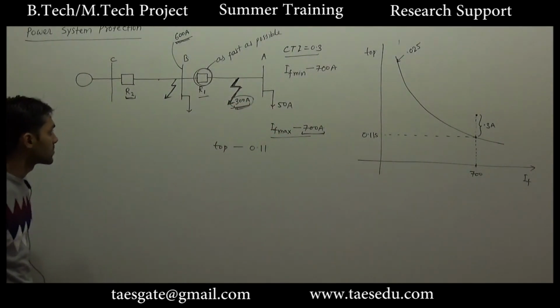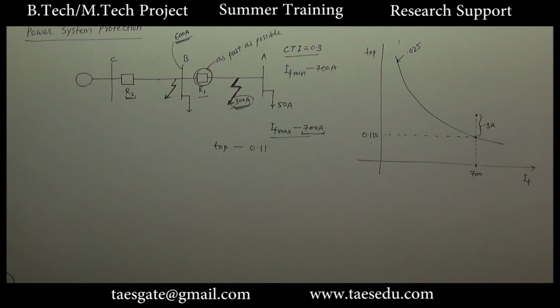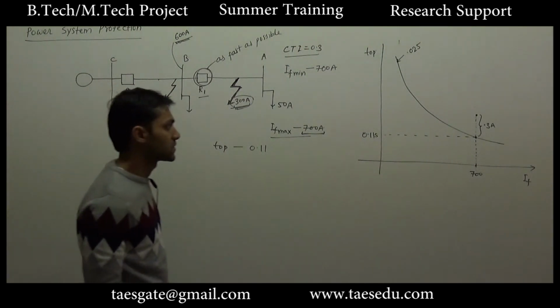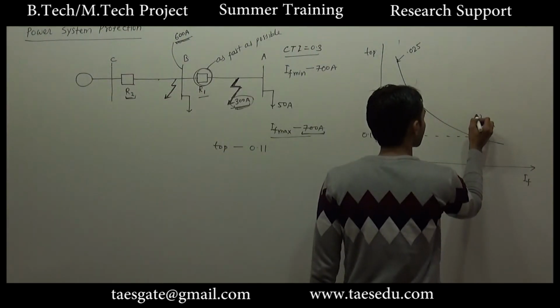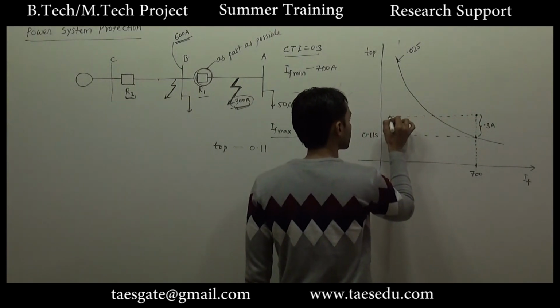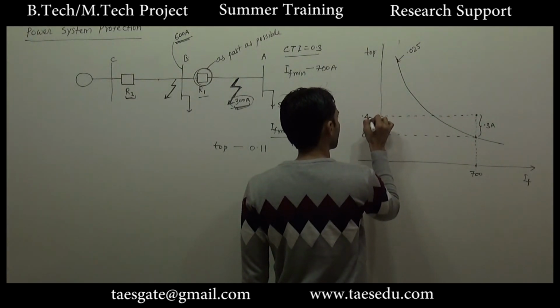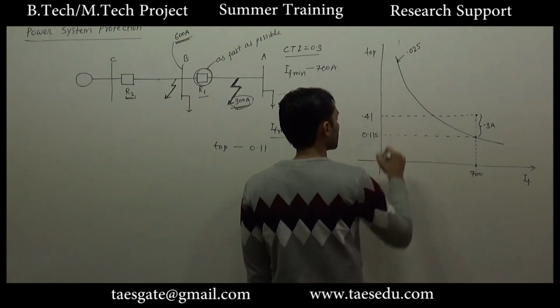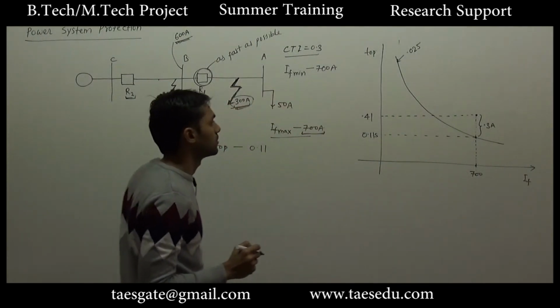The expected operation for the remote protection must be 0.3 second after the expected operation of primary protection. Okay, let's say this is 0.41. Both the axes are non-linear axes.